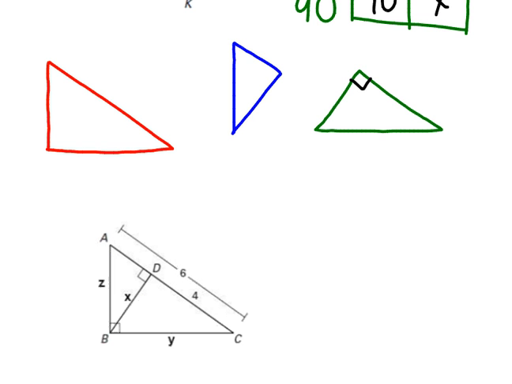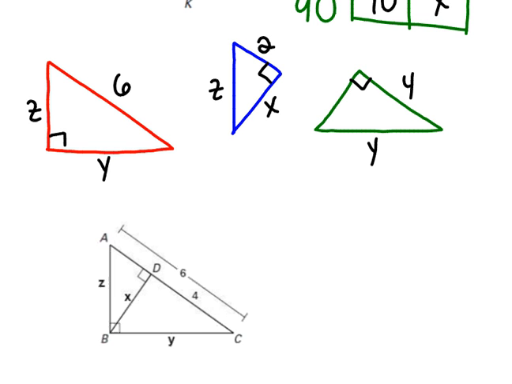So here's my right angle, here's my right angle, here's my right angle. This is 6. This is z. This is y. This is z. This is x. This is 2. This is y.